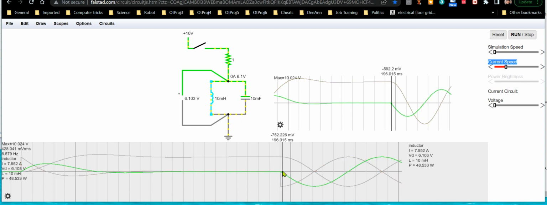The capacitor's voltage starts at 0, but it slowly starts increasing as that inductor discharges its current into the capacitor. But as the capacitor charges, its current begins to fall as its voltage increases. You see what the current in the inductor is doing. It's ever falling, and the current in the capacitor is also falling.